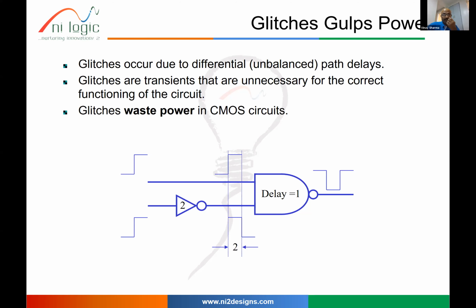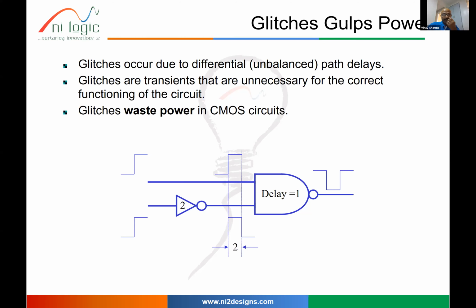Now, why are we talking about all this? Because glitches waste power. Remember this, this word is important. In the early days, in the 90s and early 2000s, people didn't care about glitches because the glitches were very small, the power consumption was not that important, power optimization was at its best, and the number of devices was not that high.